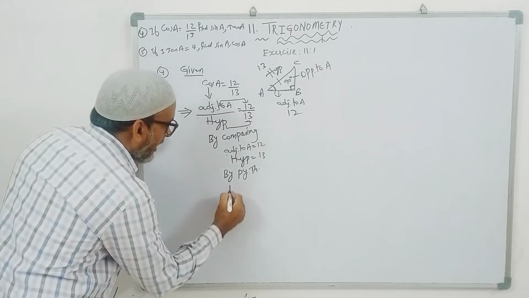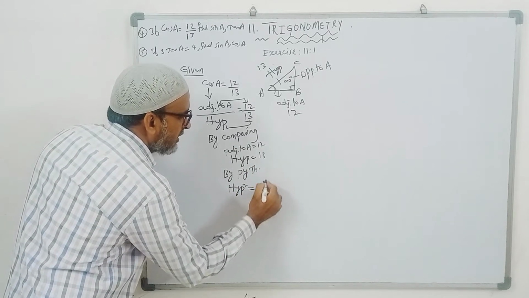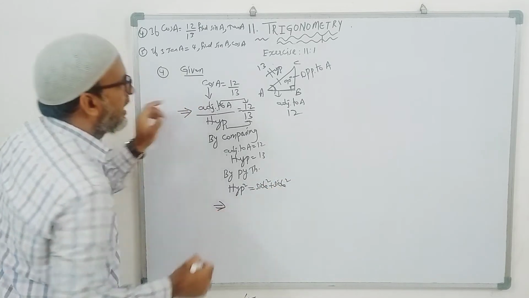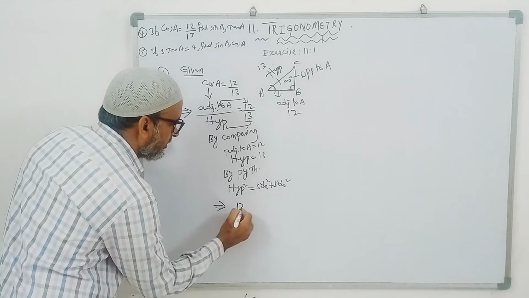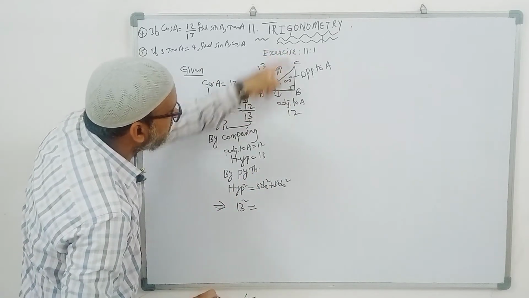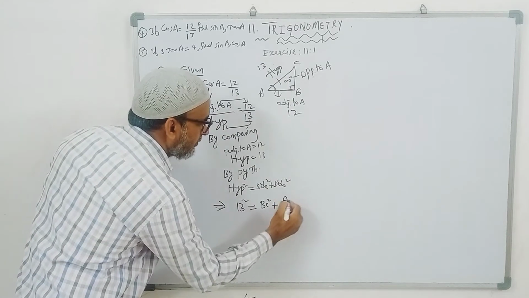What do you know? Hypotenuse square is equal to side square plus side square. Implies hypotenuse 13 square is equal to BC square plus AB square.